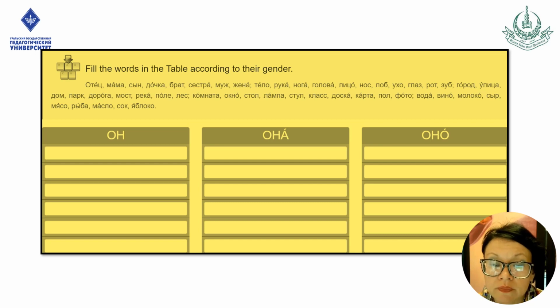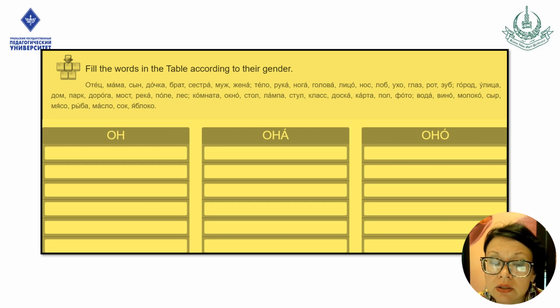Лоб, hard stem ending corresponds to он, masculine. Then ухо, o ending corresponds to оно, neutral gender. Нос, s, hard stem ending corresponds to он, masculine gender, right?